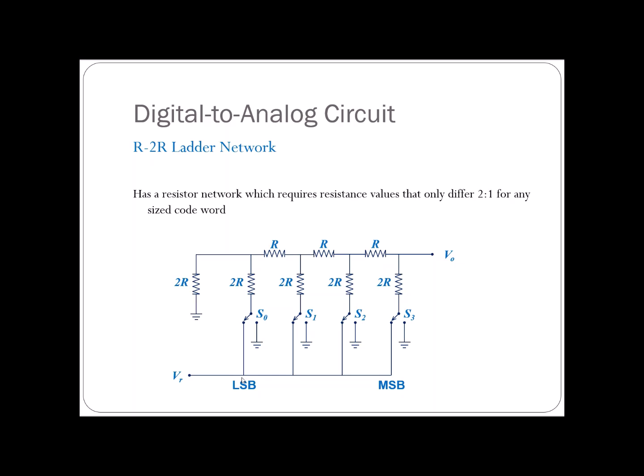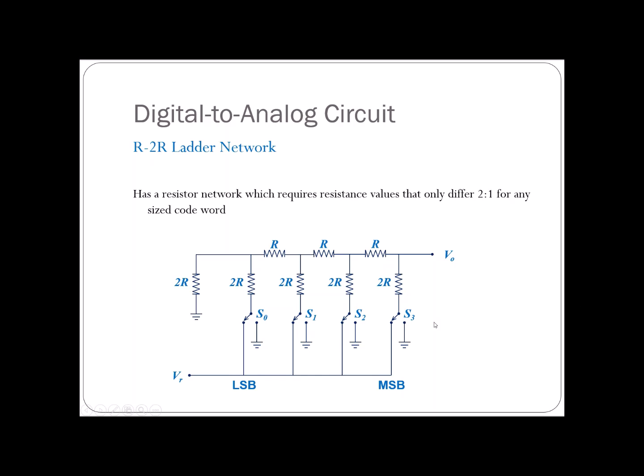Okay, but then how does it work? When one of the bits is on, let's say if the MSB is on, is active, then this switch will be connected. So this connected switch represents the active bit.